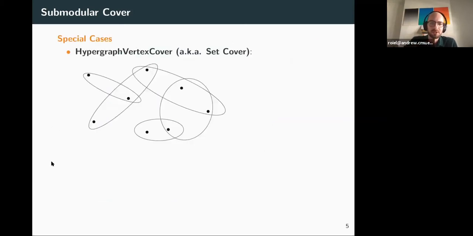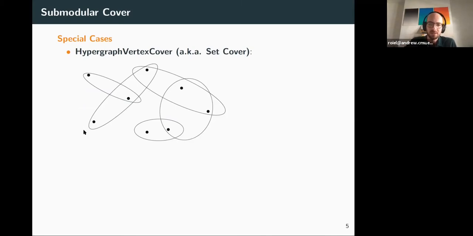Okay, so let me try to convince you that this submodular cover problem is very, very expressive. For one, version 0 of this problem is known as hypergraph vertex cover, also known as set cover, also known as the hitting set problem. But we'll stick with vertex cover terminology just because it'll make things less confusing. So in this problem, we're given a collection of hyperedges. These are just subsets of a ground set.